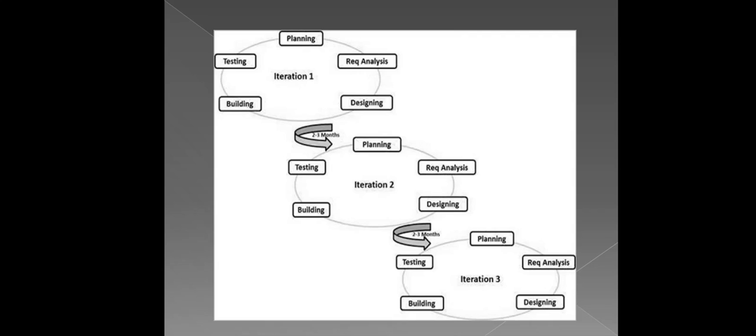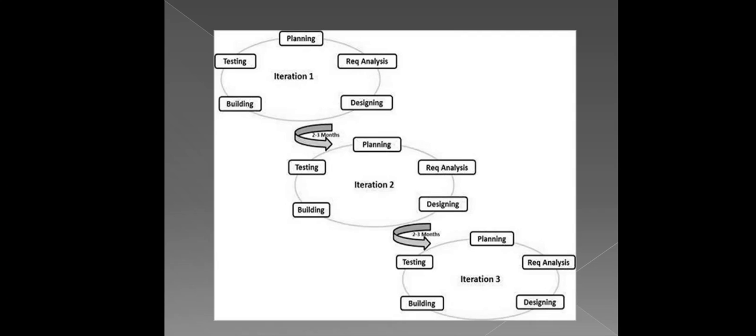As we see in the picture, there is a certain time frame that lasts from 2 to 3 months, and we build one product at each iteration and we add certain increments. It is flexible and adaptable as we can change our product in each iteration or cycle.